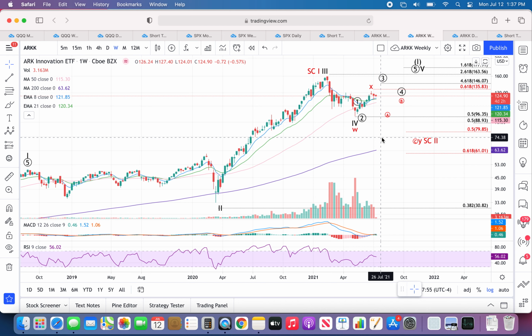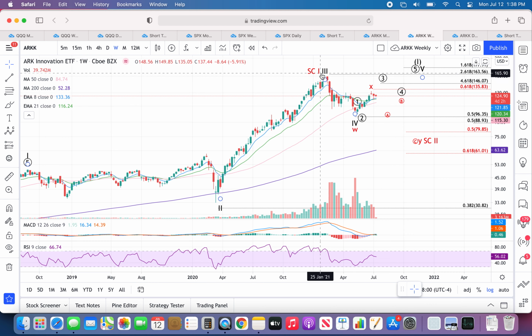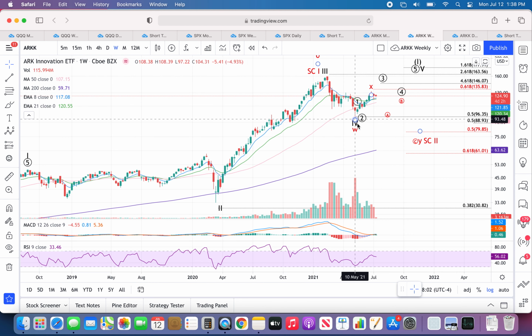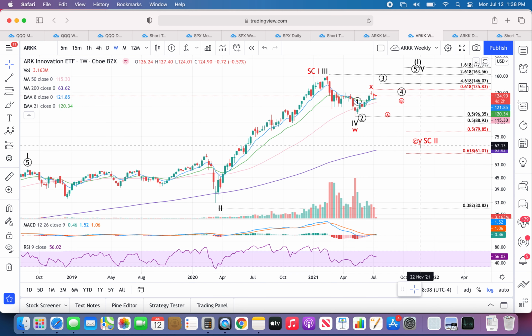And for the Elliott wave count, it looks to me like it could become a double zigzag. So we have a three-wave move down and a three-wave move up, which would be waiting for another three-wave move down.